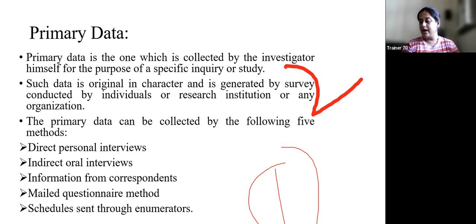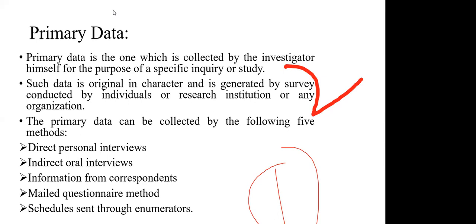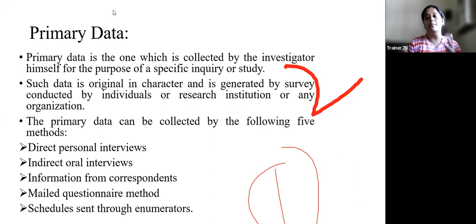Direct personal interview, as the name suggests, the one who is collecting the information, or you can say the investigator will go house to house, person to person, and collect the information personally, meets the informants. Informants means the one who is supplying the information, informant. Informant क्या हुआ?